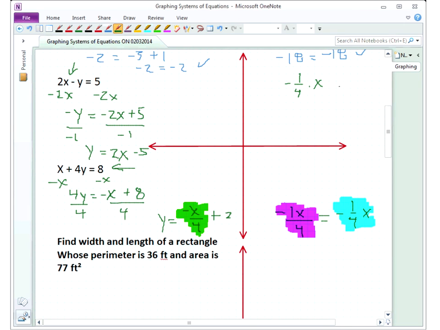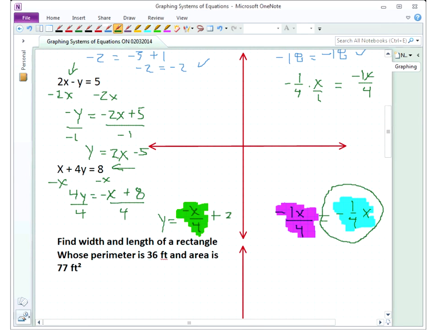We'd have negative 1/4 times x. Some of you might like to write the x as a fraction, and then you just multiply straight across. So you get negative 1x over 4. We're just going backwards here. So we are going to see it in this form here, most commonly.